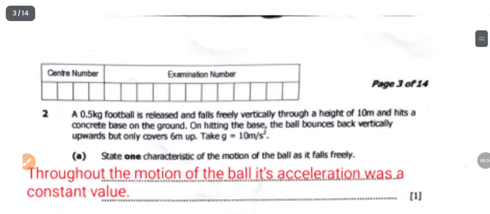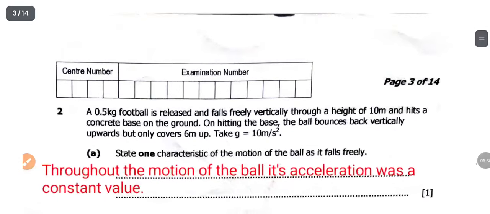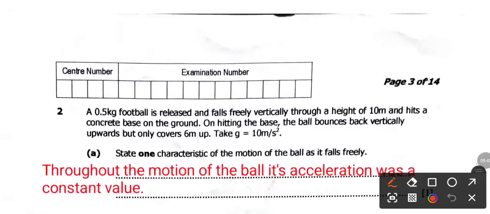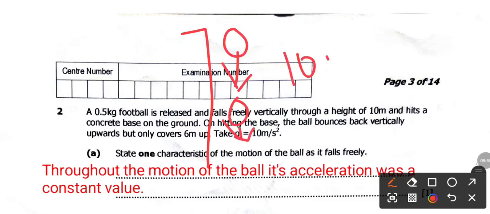So here I wrote my answer to be that throughout the motion of the ball, its acceleration was a constant value. This is true because for free fall, when a body is falling under the influence of gravity, its acceleration at any point is a constant value of 10 meters per second squared.